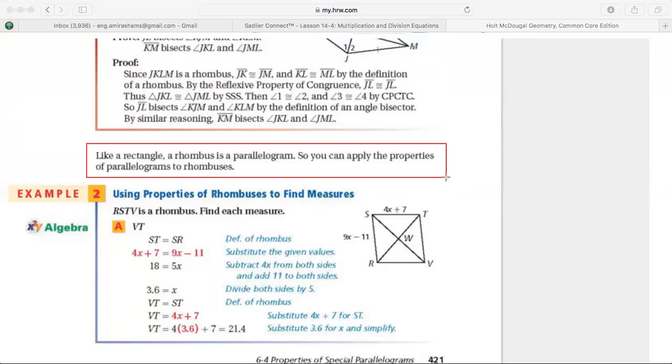So rectangles and rhombuses are parallelograms. Okay, example 2. RSTV is a rhombus. Find each measure.